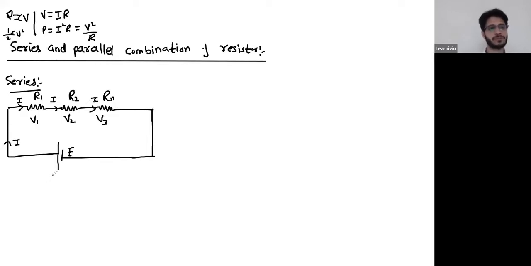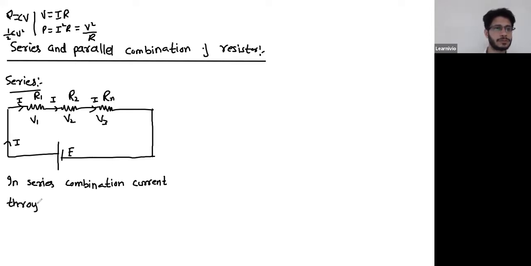So in series combination, the current through each resistor is the same, while voltage divides.